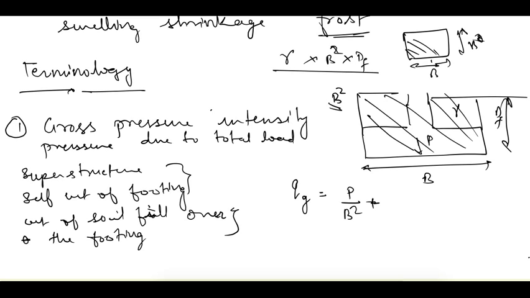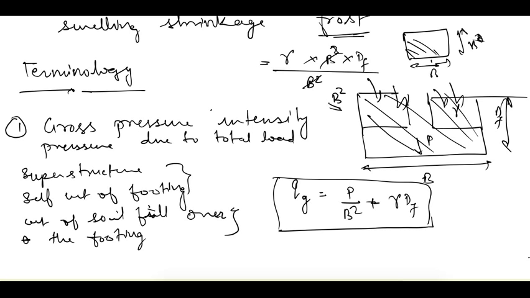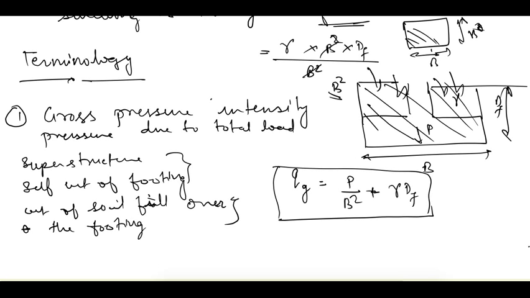Now, after constructing the footing, we will place this soil back here. So the pressure due to this soil would be the weight of the soil divided by area, that is gamma Df. So gamma Df is the pressure due to the soil which was there already before.